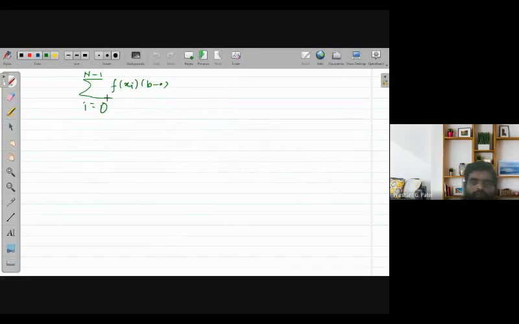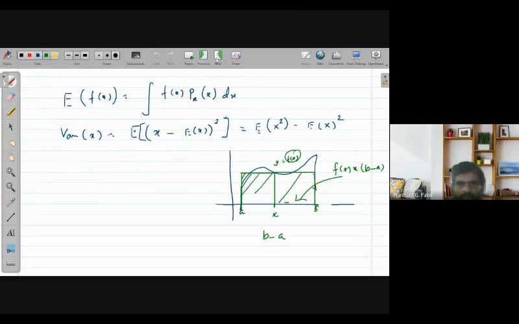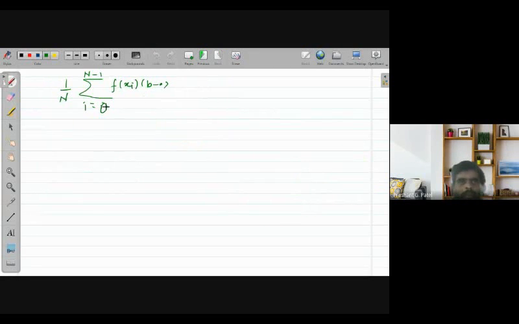and the average of these values, which is 1 by n, is the expected value, or I can say it is the approximate answer to this integral, where n is the number of samples used to approximate this integration.